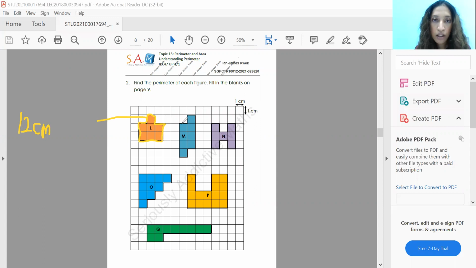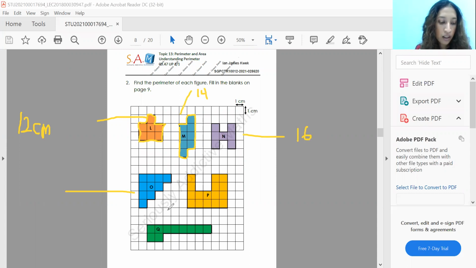For M, 1, 2, 3. Let's start again. 1, 2, 3, 4, 5, 6, 7, 8, 9, 10, 11, 12, 13, 14. And N you'd get 16.